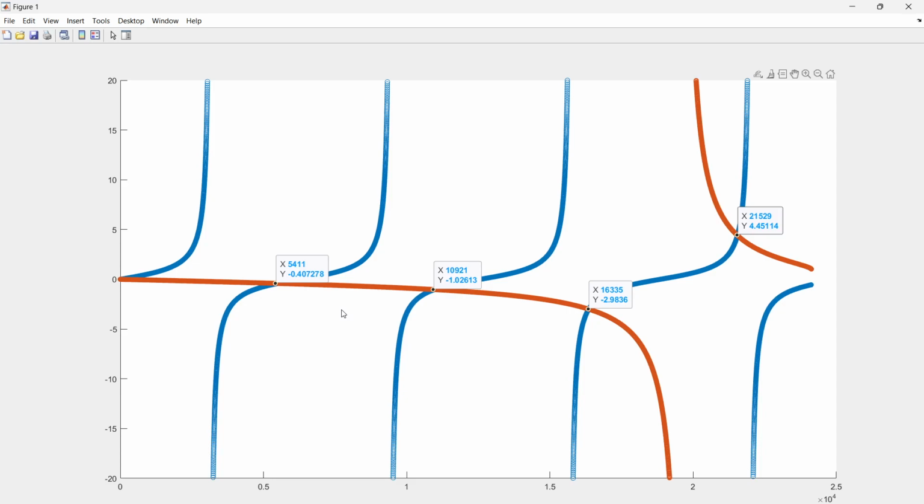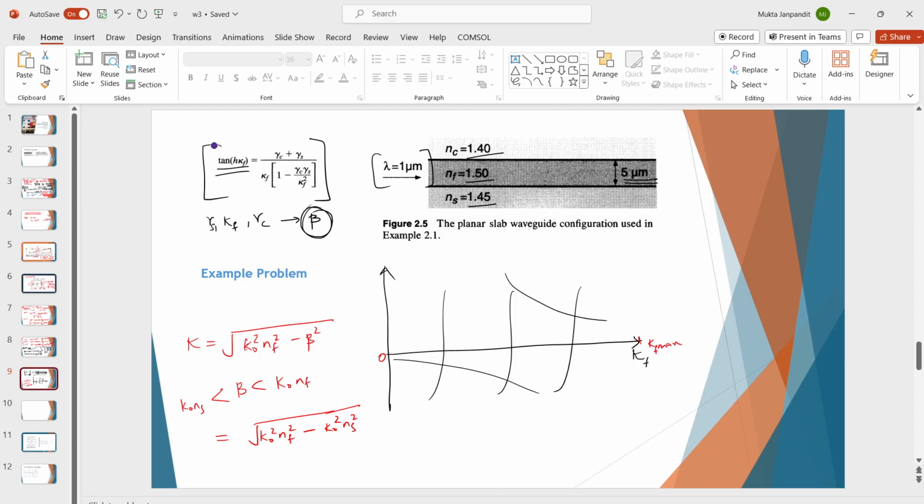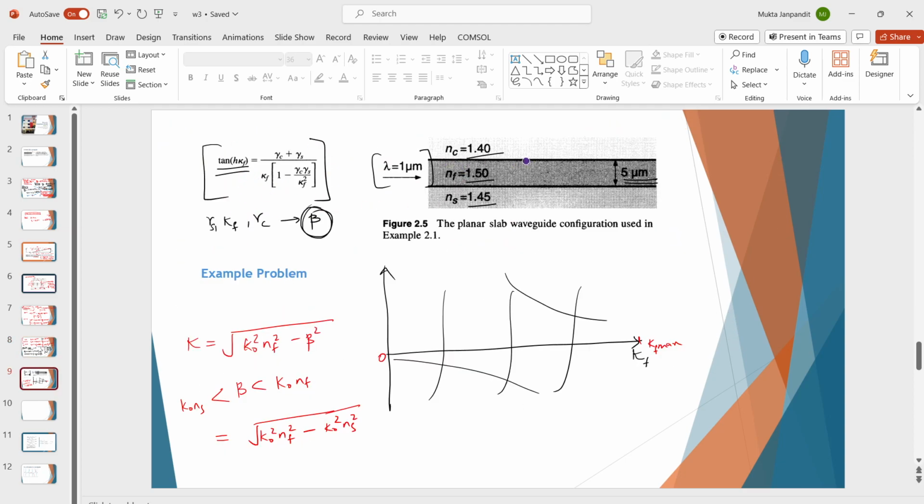beta. So even though beta were allowed anywhere between 0 to around 25,000, still only 4 beta values are allowed based on our equation. We got this equation after applying the different boundary conditions.